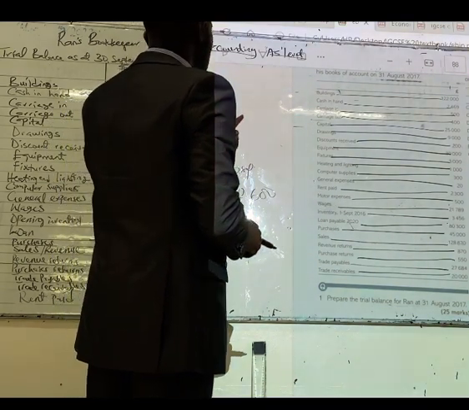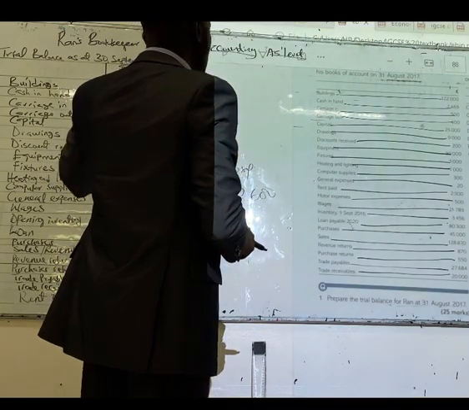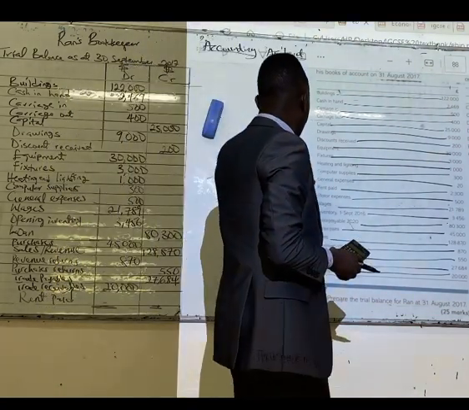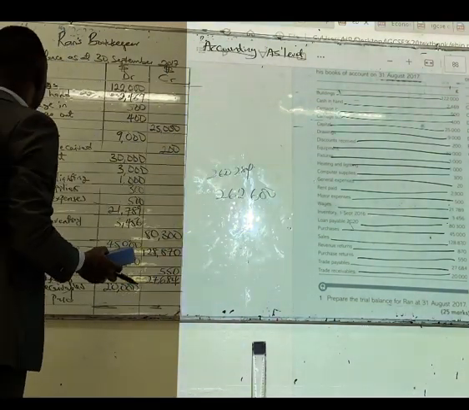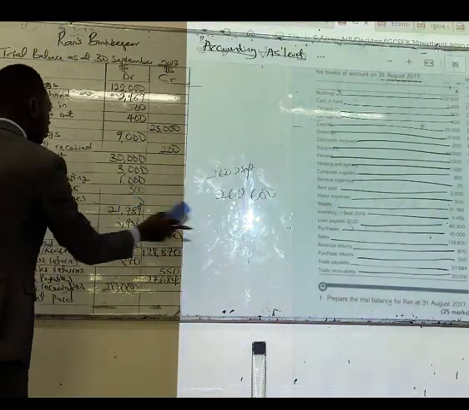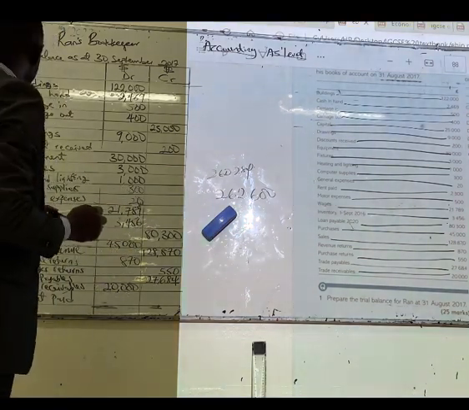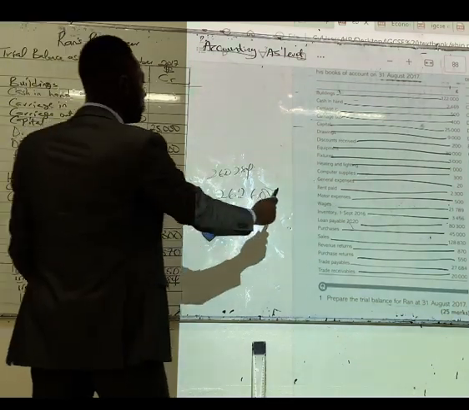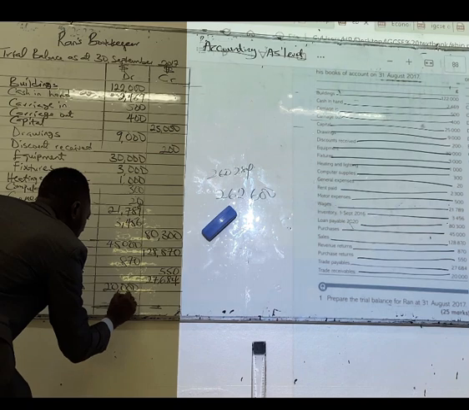We have computer supplies 300. Our general expenses here is 20. Sorry, we're making some mistakes here. Our general expenses is 20. Then we have rent paid, 2,300, which is an expense.